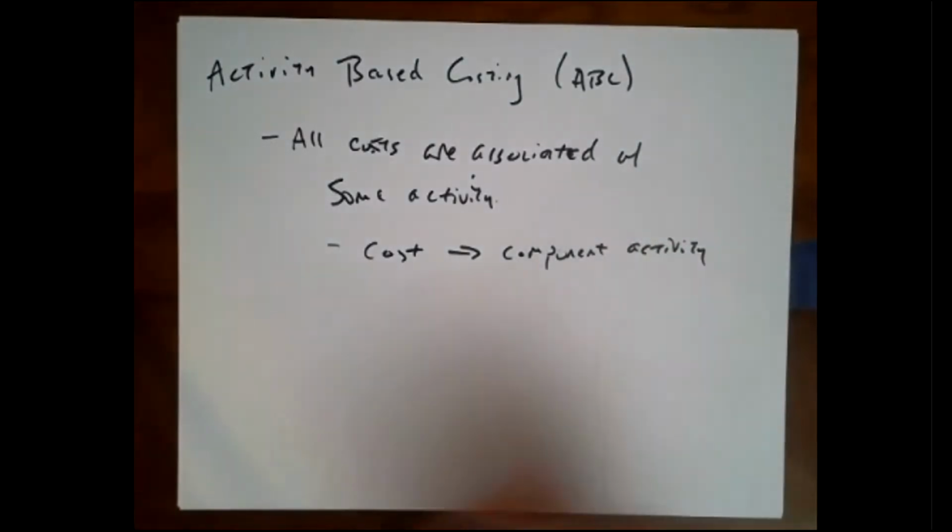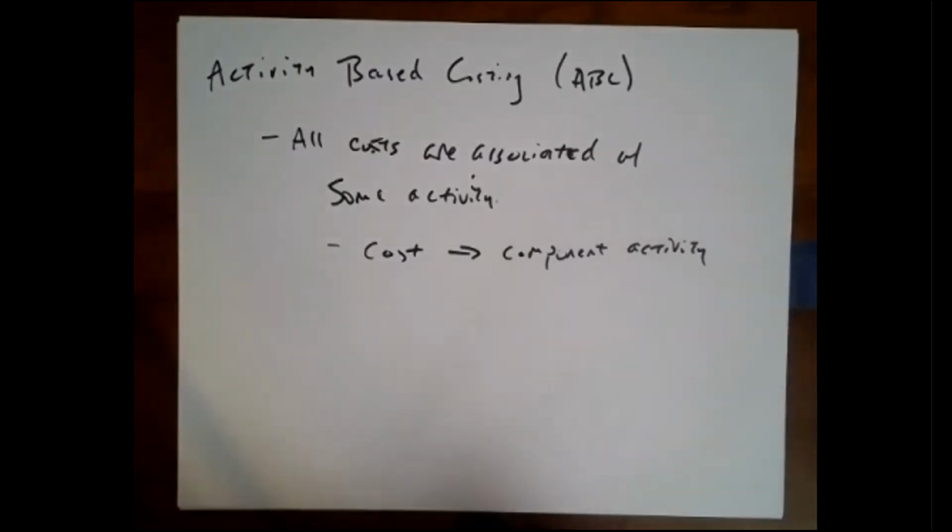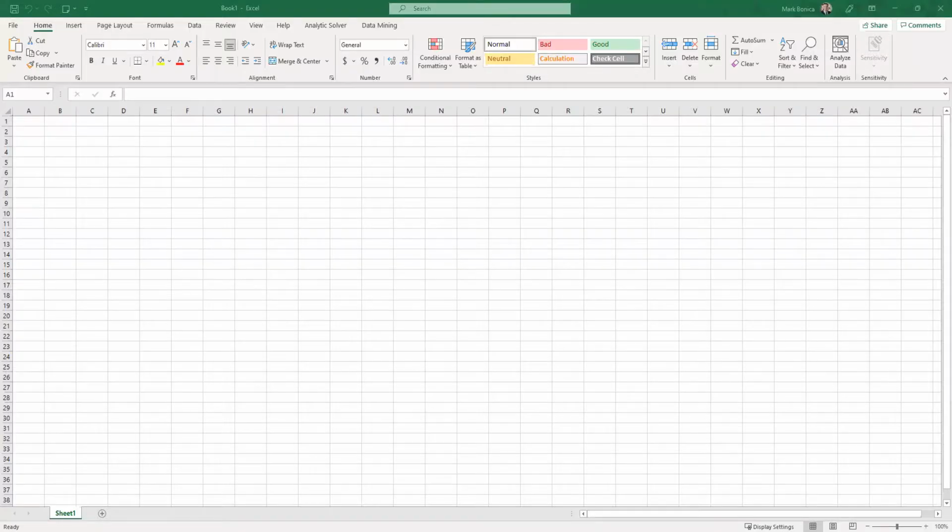So let's start working on an example. This one has a lot of moving parts to it. And you know what? I think because I don't have the space, I'm going to go ahead and do this in Excel. So I'm going to pause. All right.